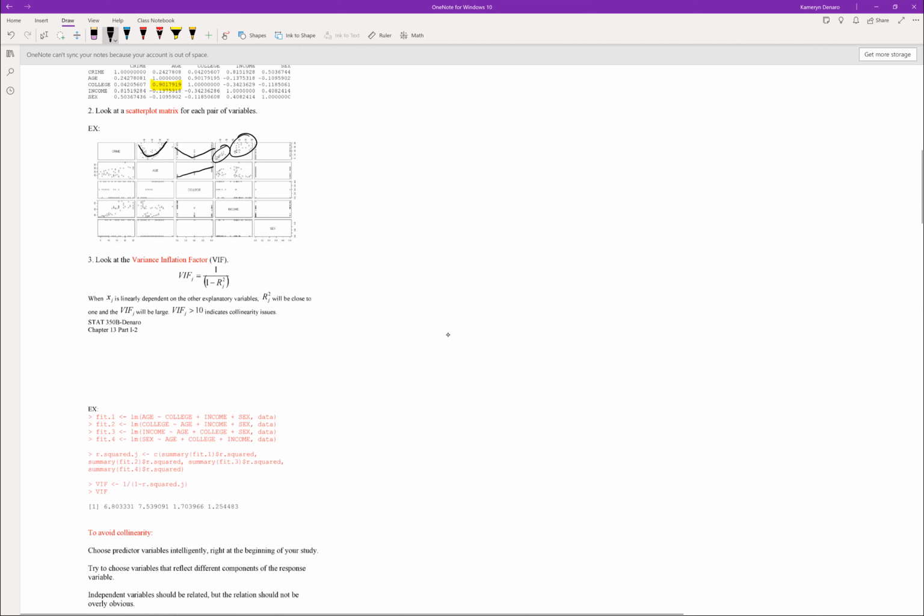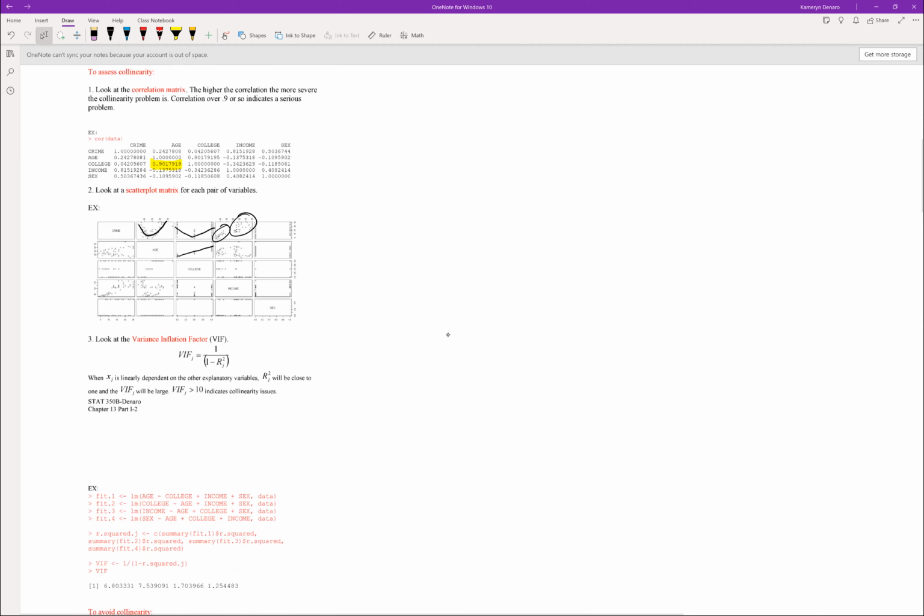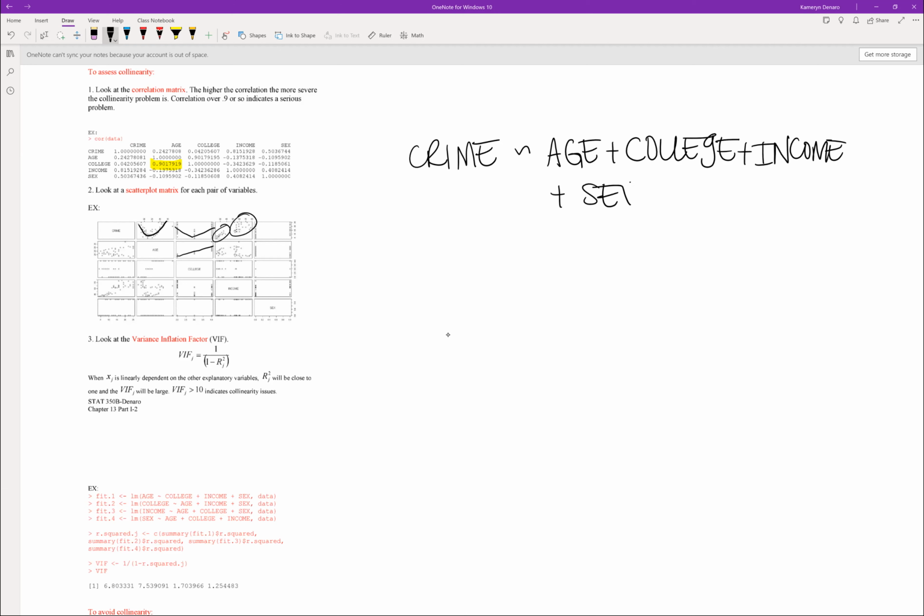Okay, so we're going to fit a model. In this case, crime is our Y value, so crime follows age plus college plus income plus sex.